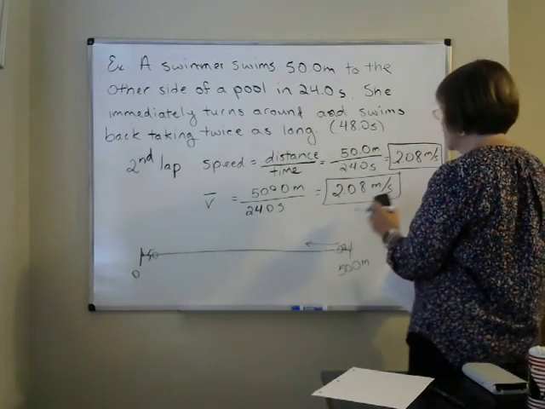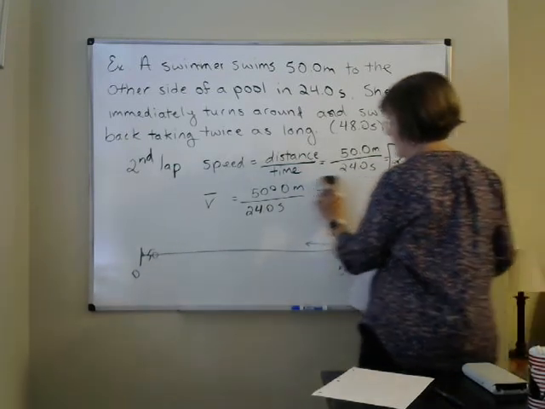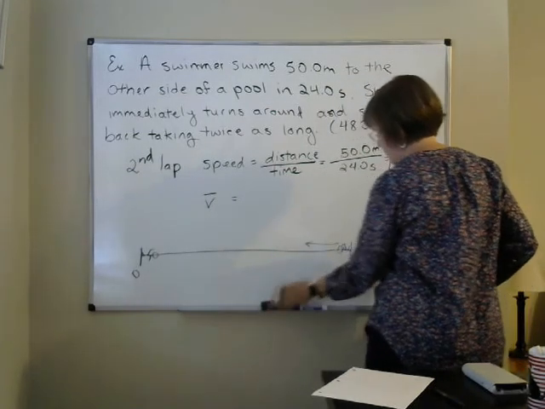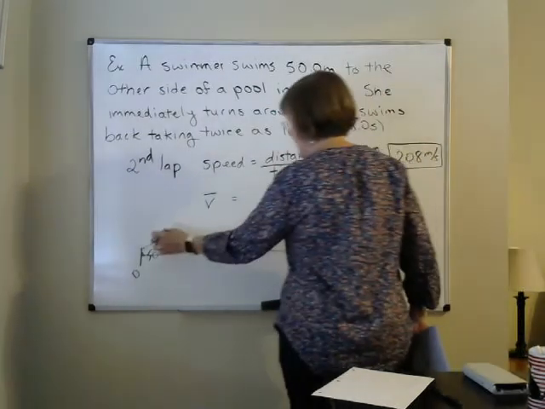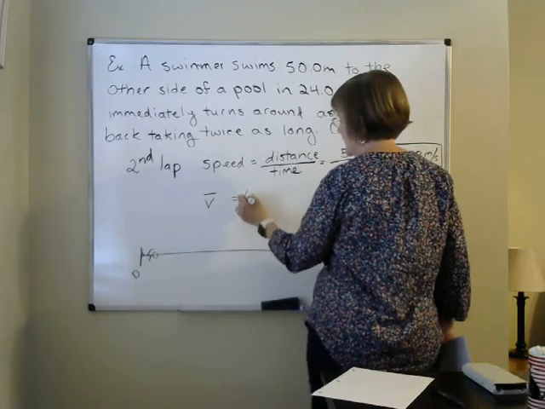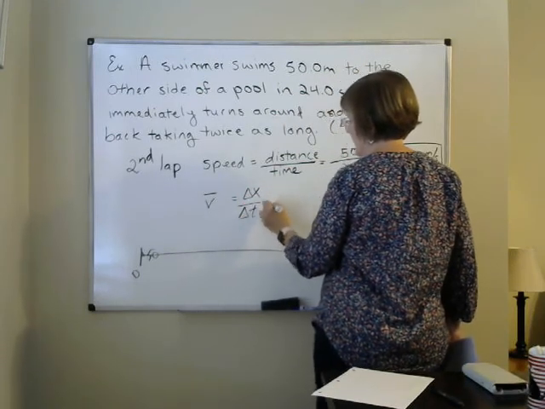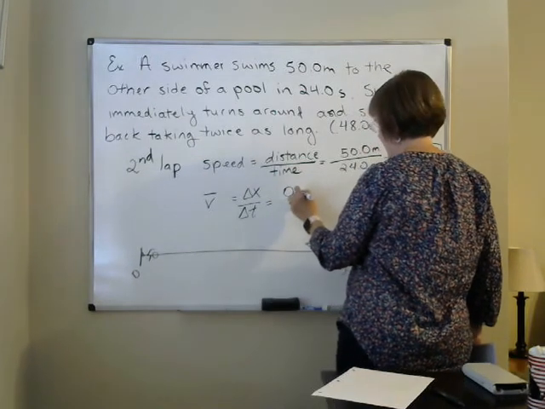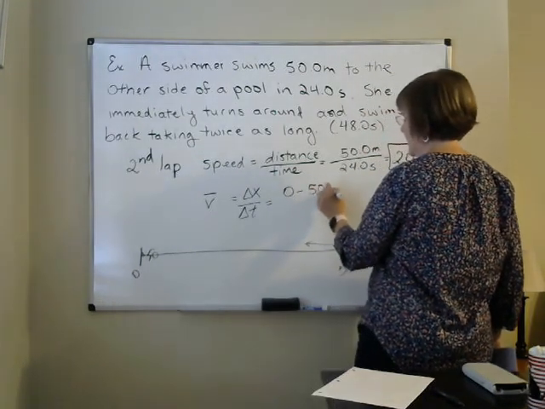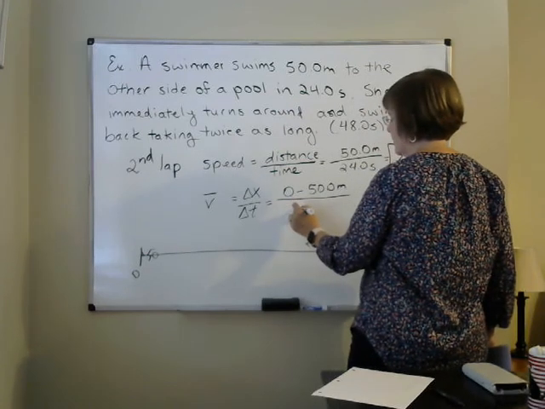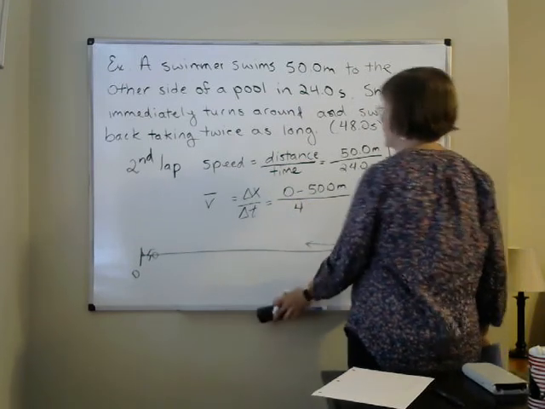Her velocity is going to change though. If we do our velocity formula, she starts here and she ends here. Her displacement is going to be 0 minus 50. The time interval is 4. I messed up the second lap.